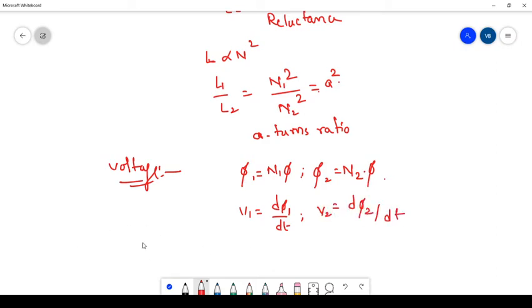By taking these two, v1 by v2 is equal to n1 into d phi by dt by n2 into d phi by dt.